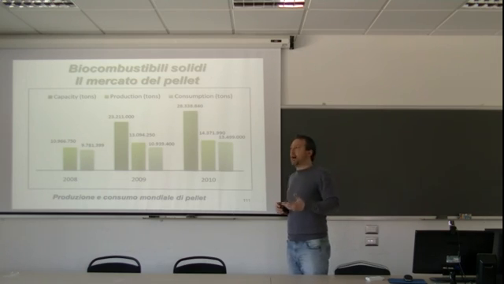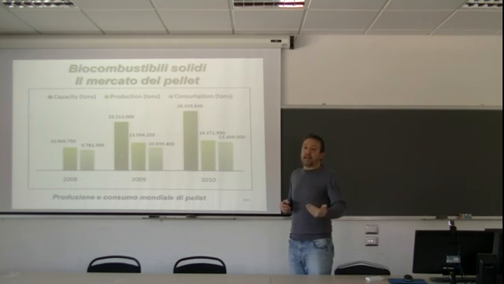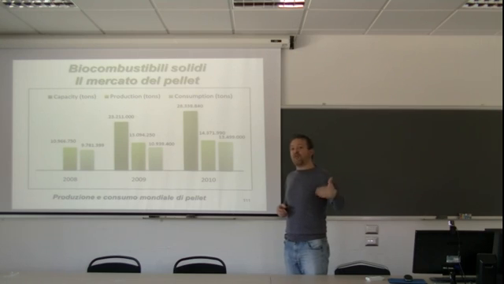reasons. But for example, in these agricultural residues, you have a lot of ashes. So you have a final product which has, for example, 4 or 5% of ashes, and pellet has 0.1% of ashes from wood.